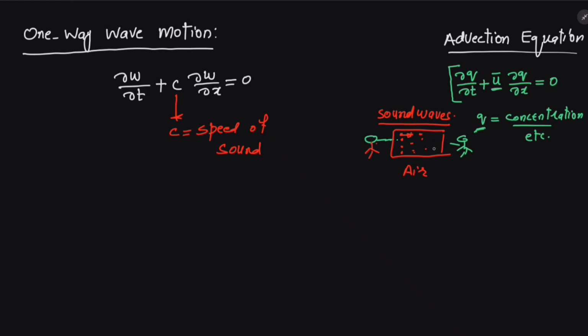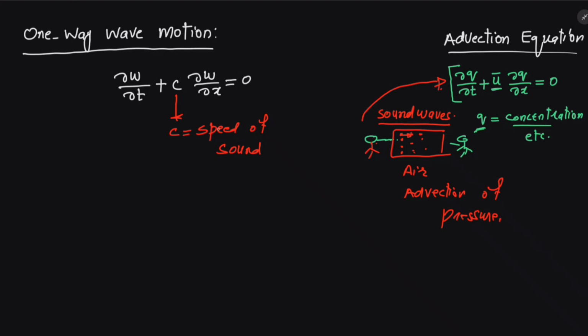So it is a kind of interaction between molecules that generates that transfer of pressure from one place to another. So it means that there is an advection of pressure. So it should be represented by the advection equation.